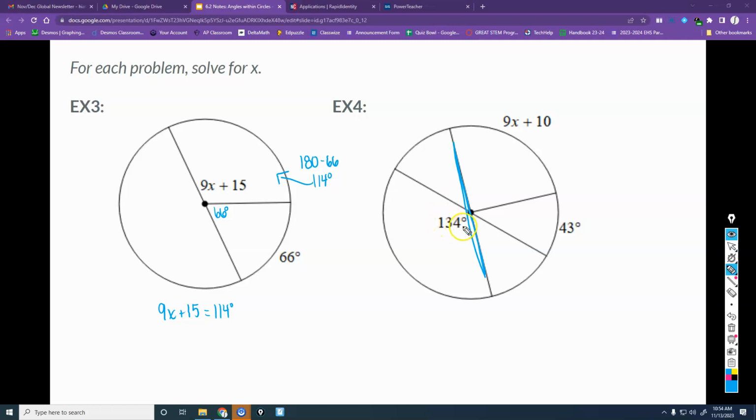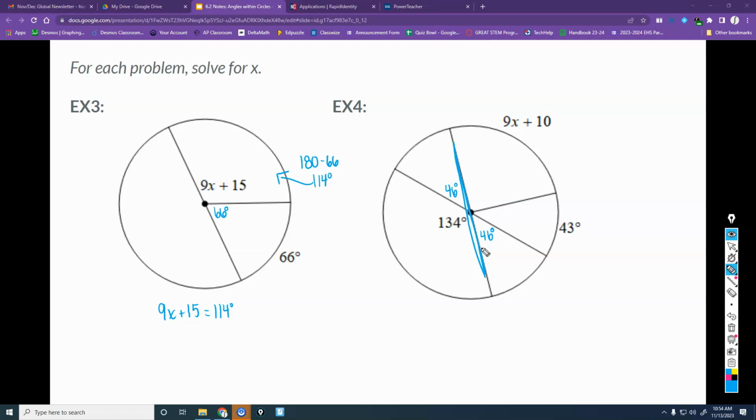But if we do 134 subtracted from 180, then what do we get there? 46. All right, so that angle's 46. That means this is also 46. And then you set that equal to the 9x plus 10. No. Nope.